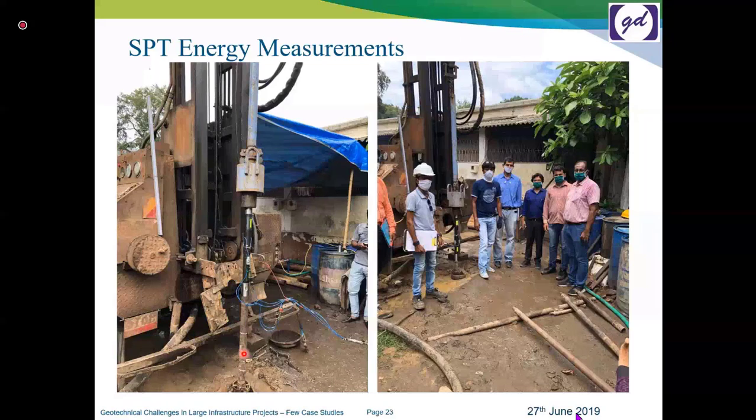That usually ranges from 40% to sometimes 80%. If your energy measurement is 40%, your SPT blow counts will be higher in number, and you have to calibrate it at a later stage to take care of decision making on shear strength.